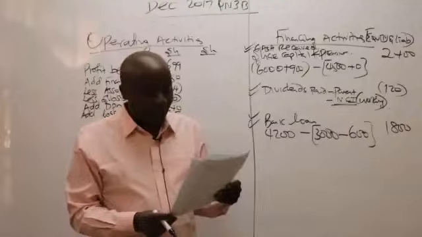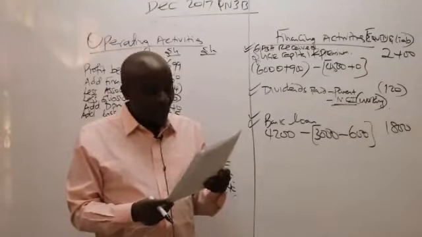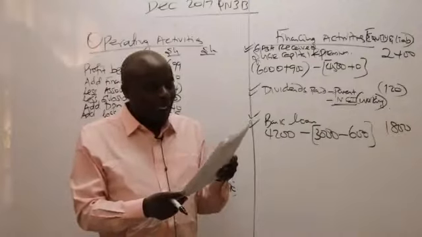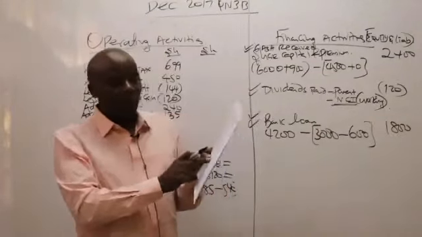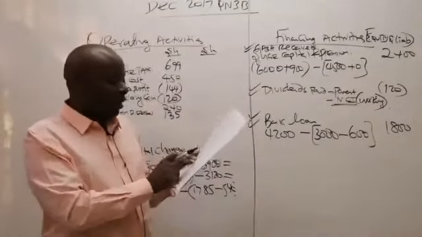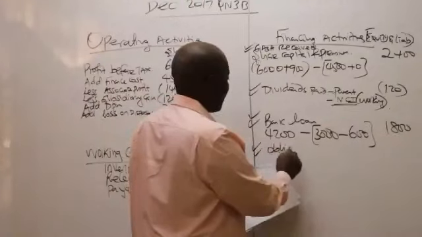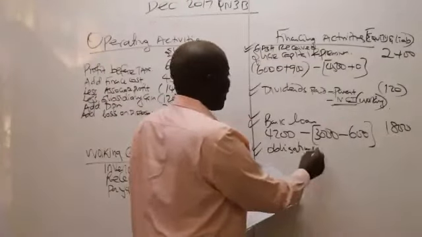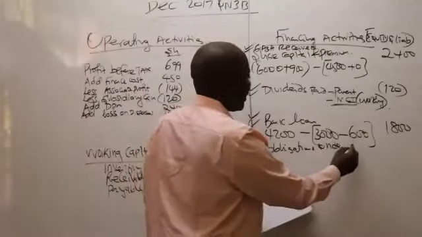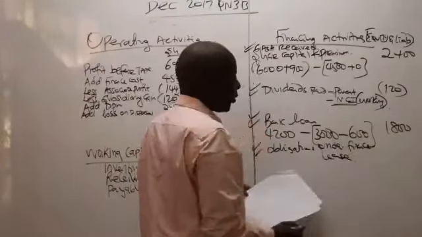The other thing, ladies and gentlemen, remember we have some obligations there. Kuna obligations under finance lease. Umeona obligations under finance lease, right? Kitu ya maana ni kwamba sasa ukienda kwa exam hawezi ukatoka bure.